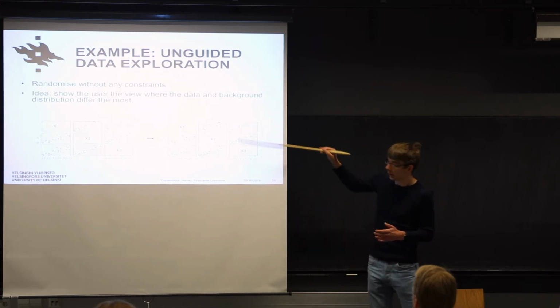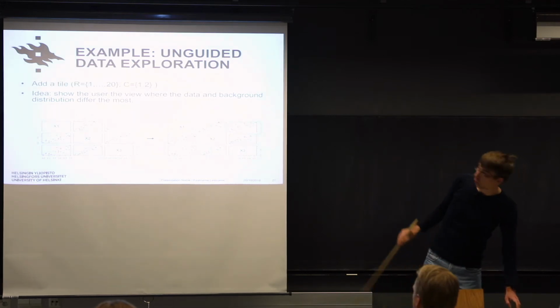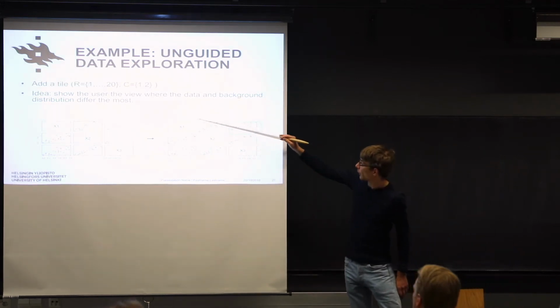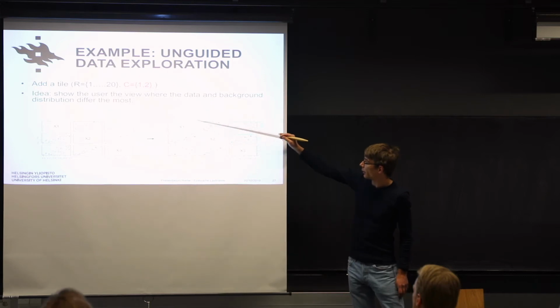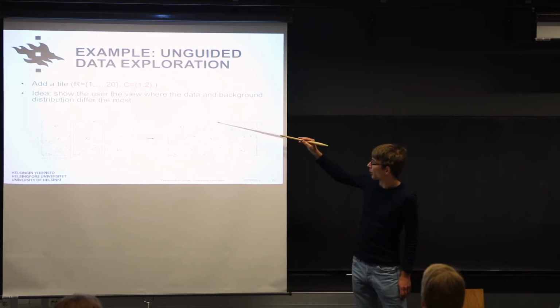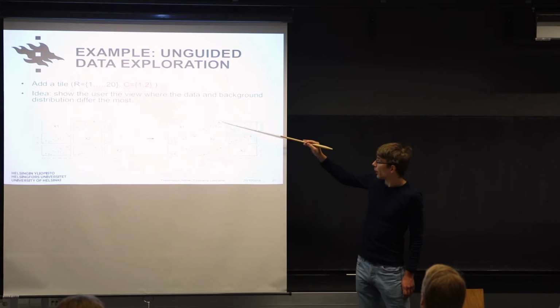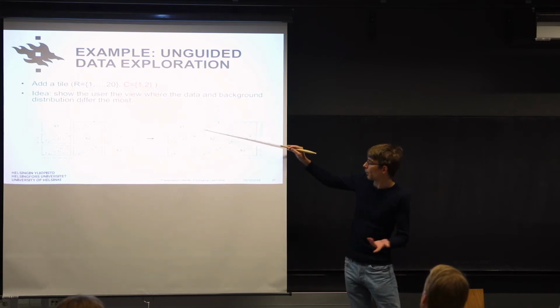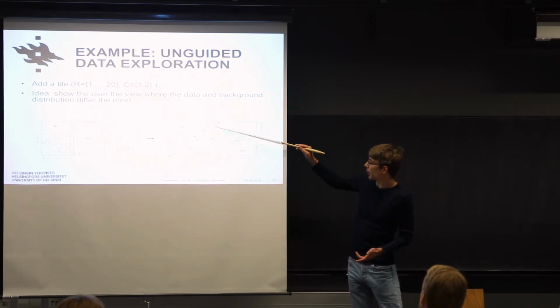It could be, for example, this screen, and now the user has seen this x1 versus x2, and if you set a tile constraint, the data matches the background distribution exactly.